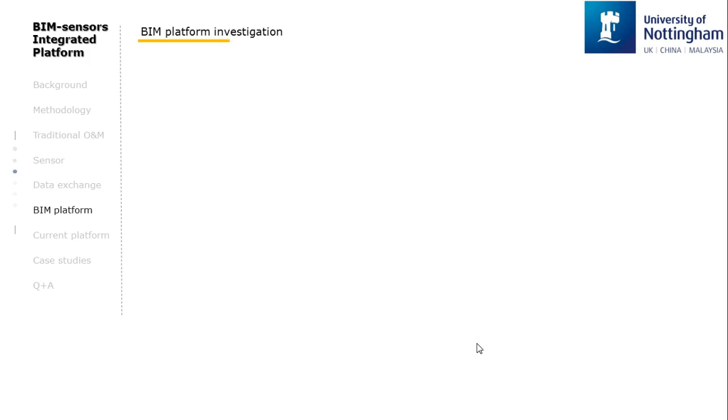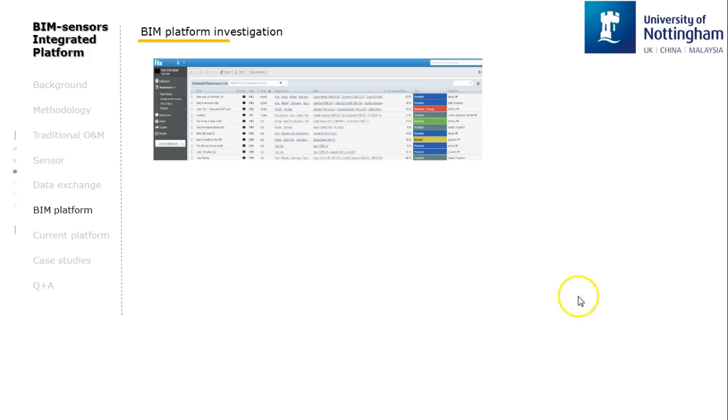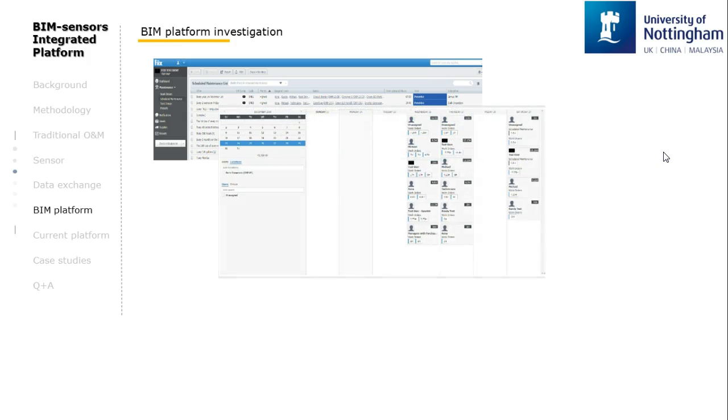And then we tried to investigate some BIM platforms. We found a BIM platform named Fix. It can store and treat documents from hard copy to software documents. It has a schedule of the MEP equipment, the people and facility management, the dates, and their workflow.